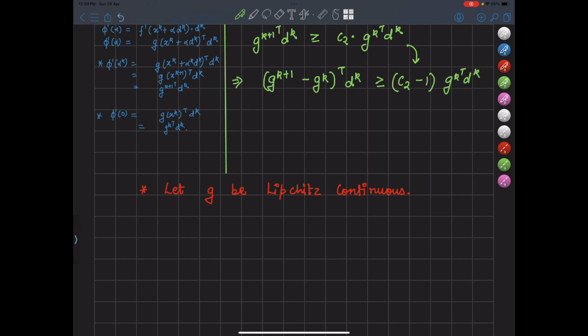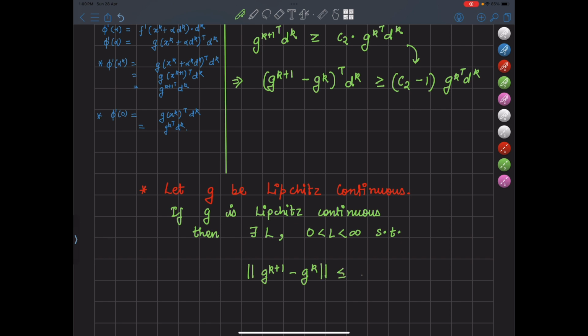Lipschitz continuity means if G is Lipschitz continuous, then there exists an L between 0 and infinity such that the norm of gk plus 1 minus gk is less than or equal to some finite positive constant L times the norm of xk plus 1 minus xk. So this is what Lipschitz continuity means.